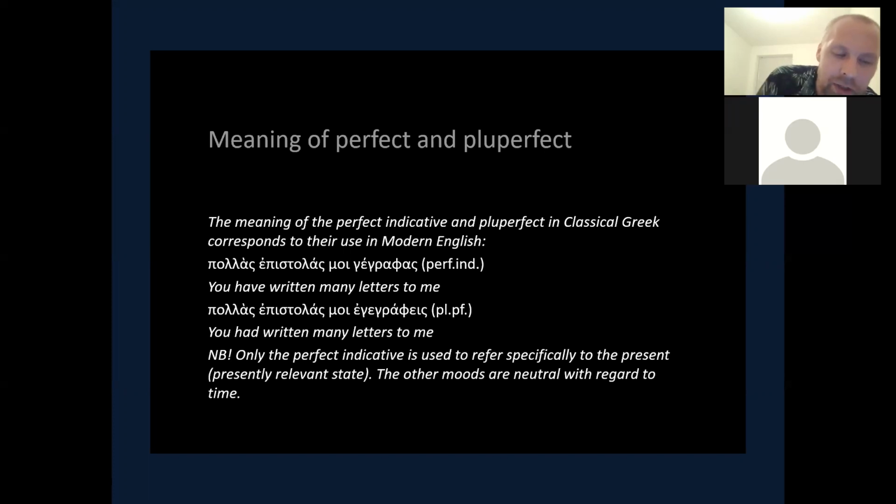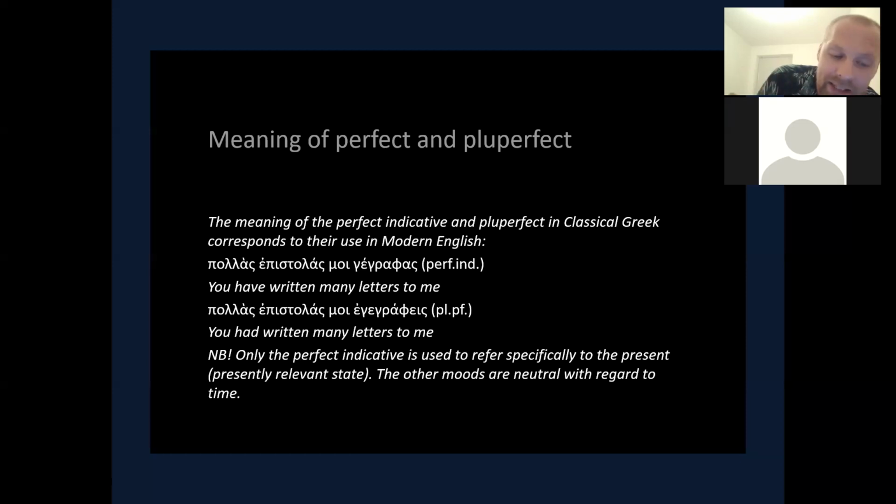That is, relevant in the present moment from the point of view of the speaker. And in classical Greek as well, the perfect stem, and particularly in the indicative mood, is used to express a still relevant state, which has arisen as a result of some action or event.